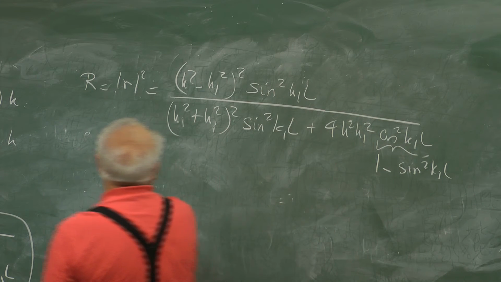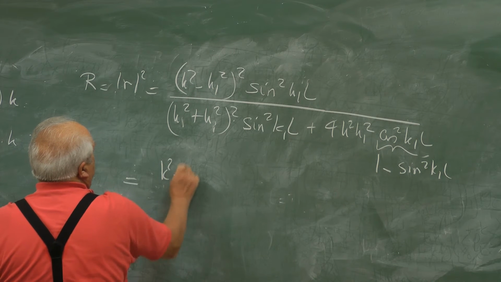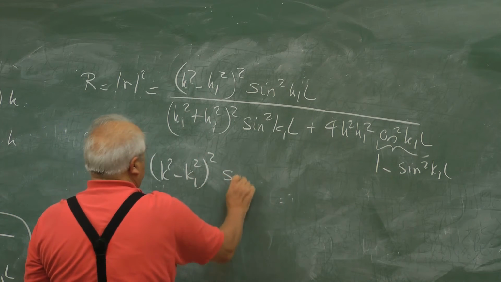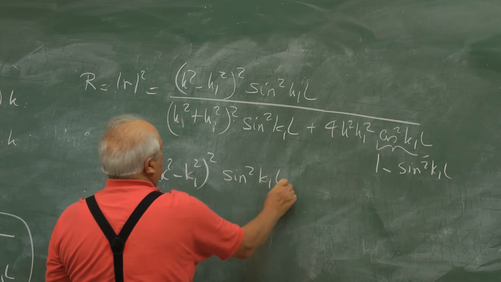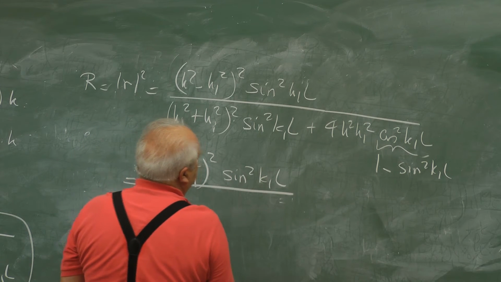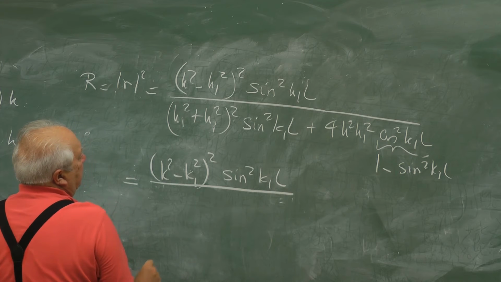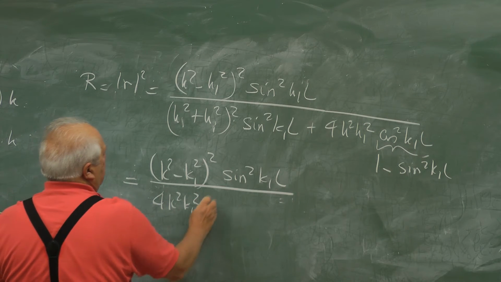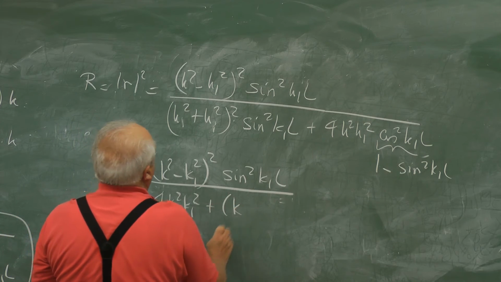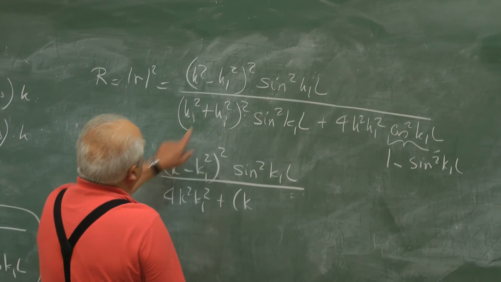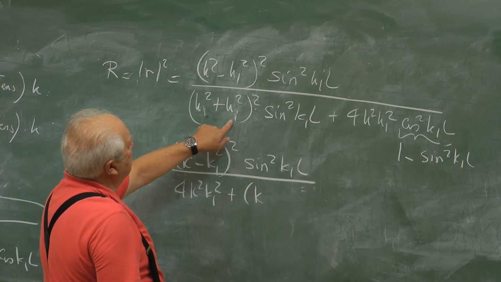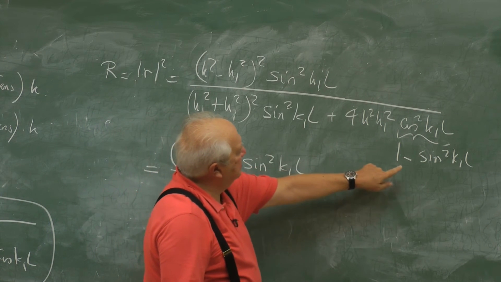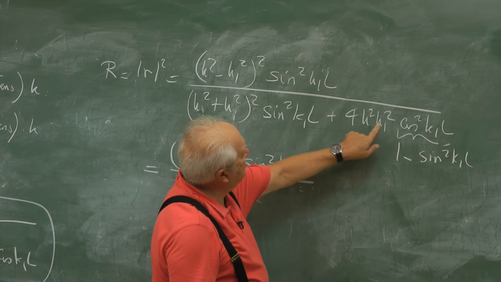So R is k square minus k1 square sine square k1l divided by 4 k square k1 square plus, this is 2 k1 square 2 k square k1 square, this is minus 4 k square k1 square.